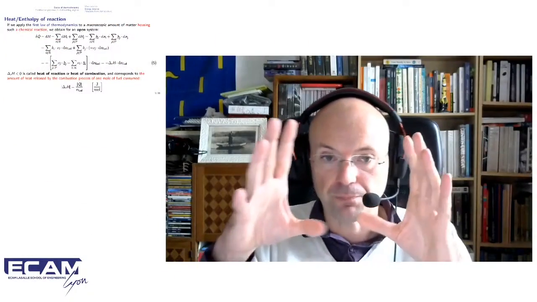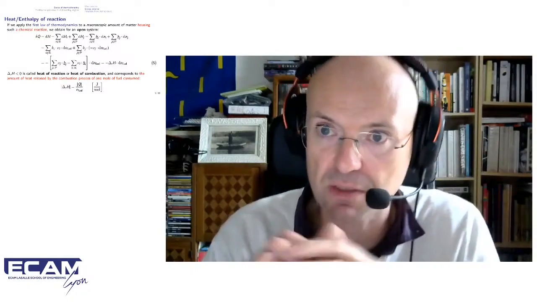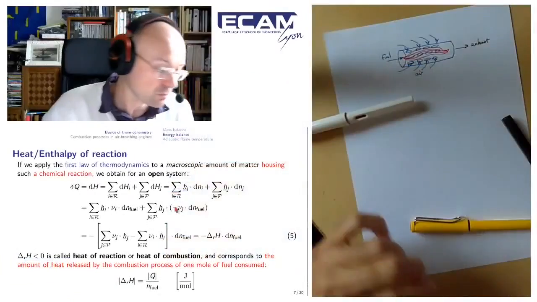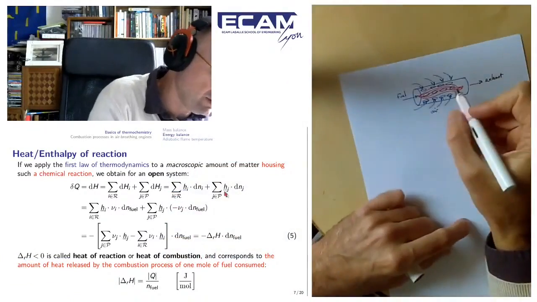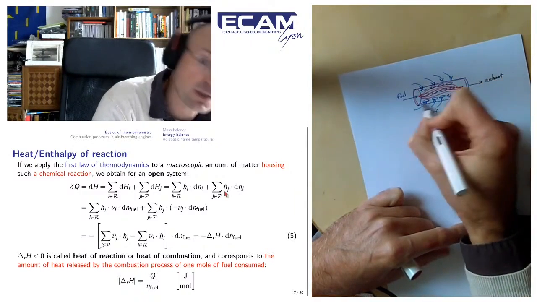Okay, if I just go back to this, the exchange of heat, which is released by the system, because there is no possible work exchanged with the outside, is due to the variation of enthalpy.